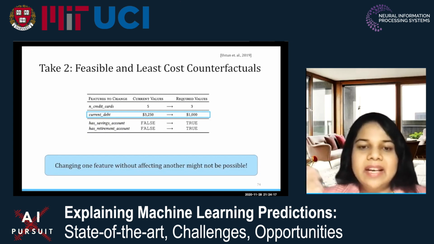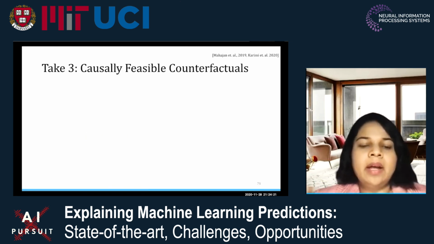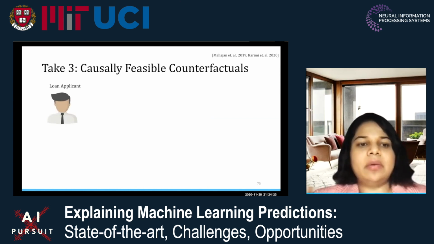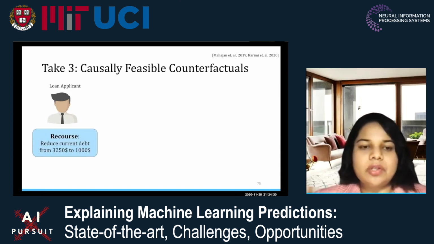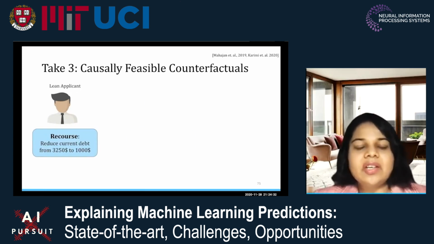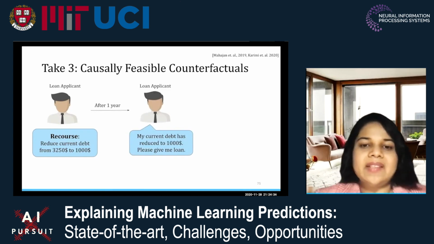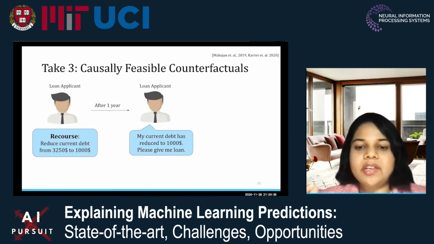To understand, let us again consider this scenario and study this more deeply. Okay? Now, we gave this loan applicant a recourse which asked him to reduce his current debt from $3,250 to $1,000. Let's say this applicant comes back after a year and says, hey, my current debt has gone down to $1,000, now please give me a loan.